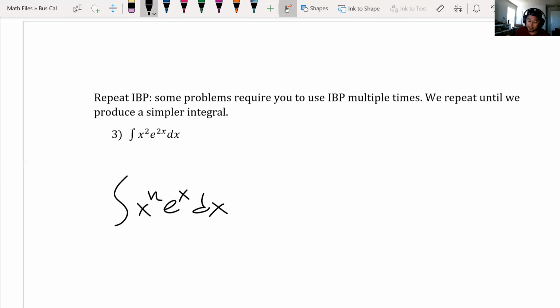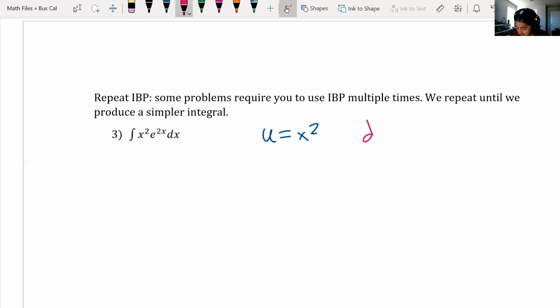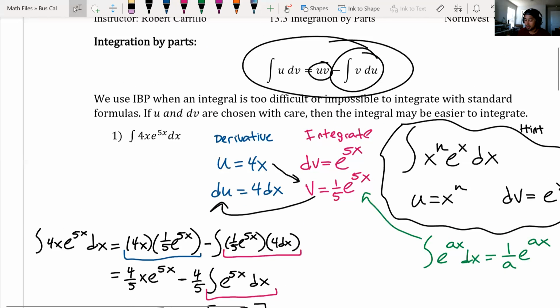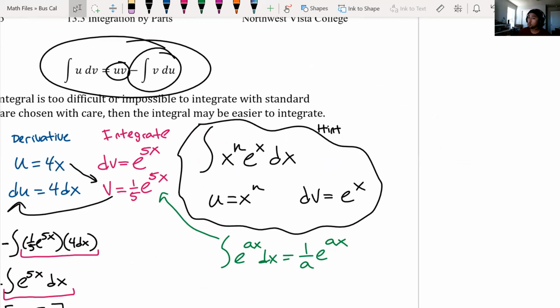And if it has that special form, then we will let u equal x squared and dv equal e to the 2x. And that was the hint that I wrote above. So if it has that form, u will always equal x to the n, and dv will always be e to the x.